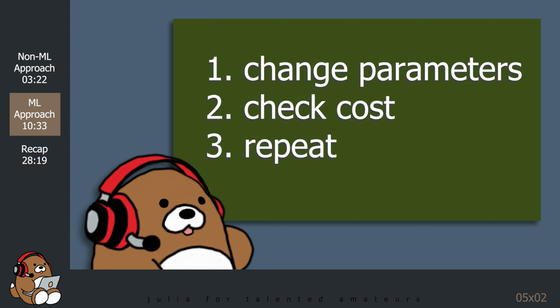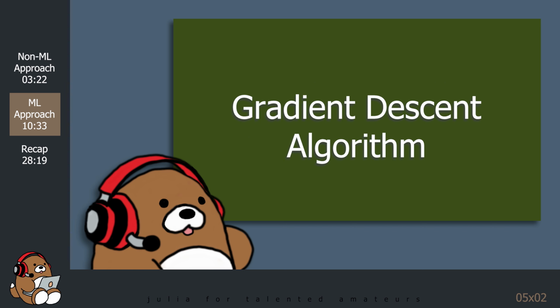By following this process, your computer can, quote-unquote, learn how to improve the estimate through its experience. Your computer can repeat this process as many times as necessary until it finds an optimal solution. The process that I just described is known as the gradient descent algorithm.